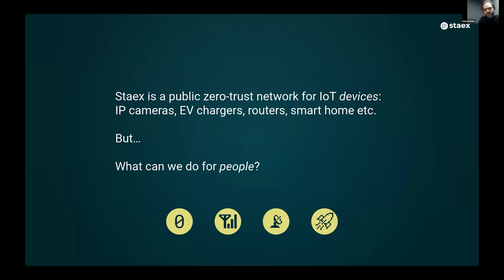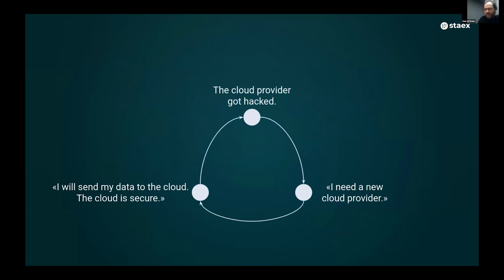And our motivation was to do something for ordinary human beings, something for people, not for the devices. That's how the project started. We noticed one vicious cycle that occurs with probably everyone on this call. It actually occurred for me many times. We have some data on our phone or on our computer.